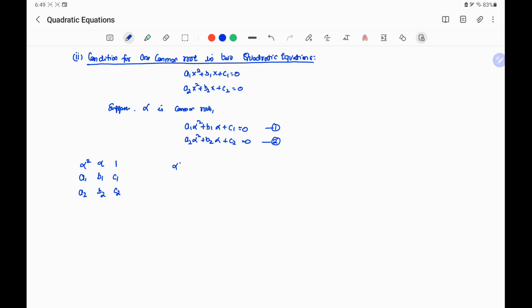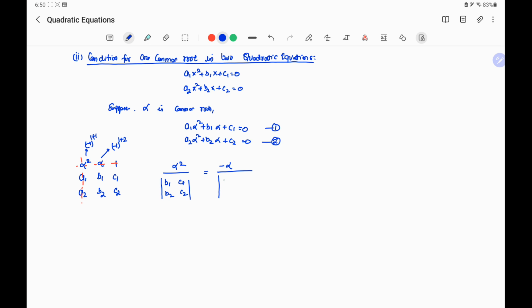So we can write alpha square by cancelling the first row and first column, we will remain with the four terms b1, c1, b2, c2, and we have to take the determinant of these four terms. It will be equal to minus alpha. Here it is minus 1 raised to power 1 plus 1 because it is the first row, first column. In this, it is minus 1 first row and second column, so it will be minus, divided by cancelling the first row and second column.